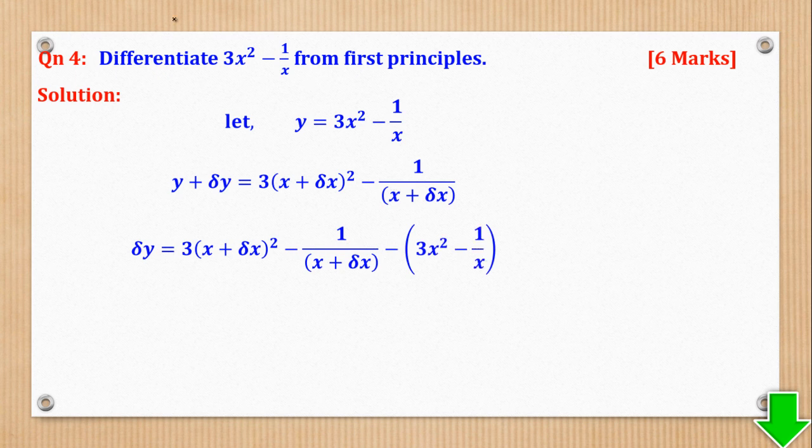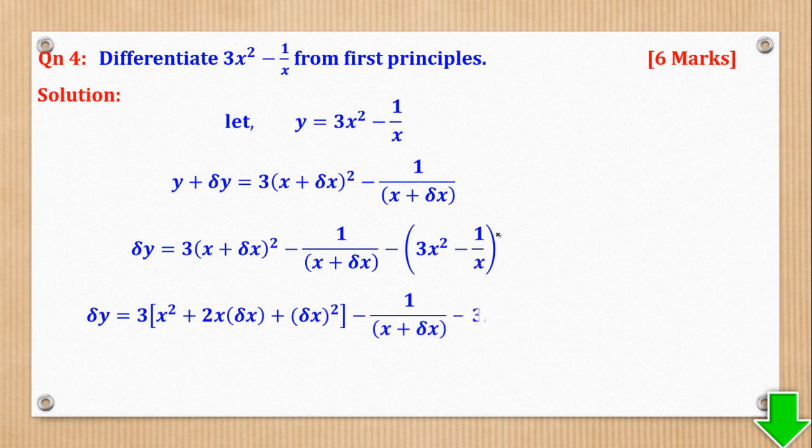Then next is to take this side. When you take it that side, it becomes this. Next is open brackets. So open this bracket to give you this. Then open this bracket to give you this.